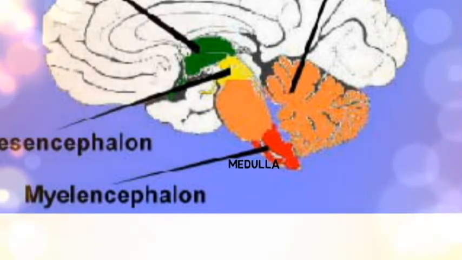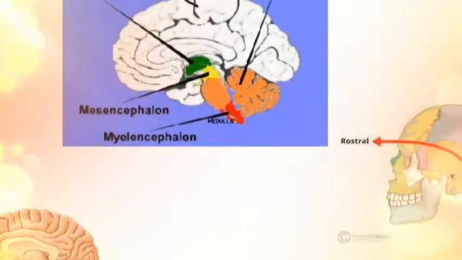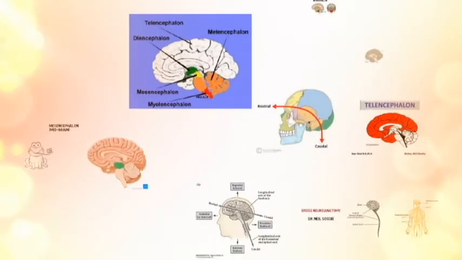Now, I want to add something more to that. Imagine you have a sensation in your leg, or you move your leg. Well, you know where your leg is at. In order for you to have a conscious perception of that, the information has to get to the brain, and this information must also go through the Myelencephalon.